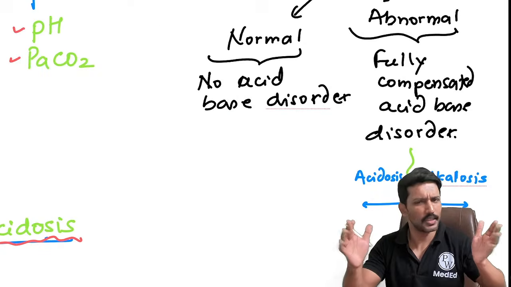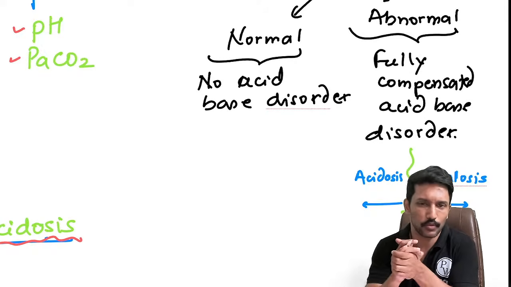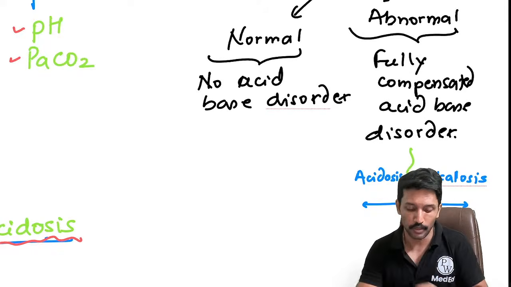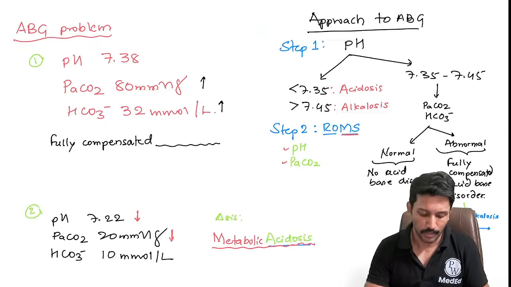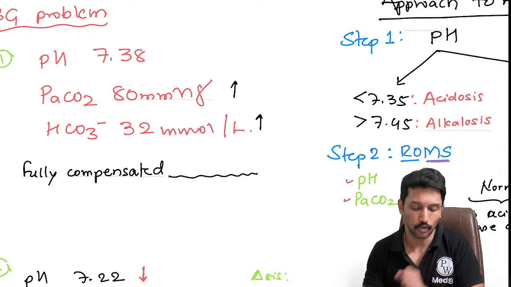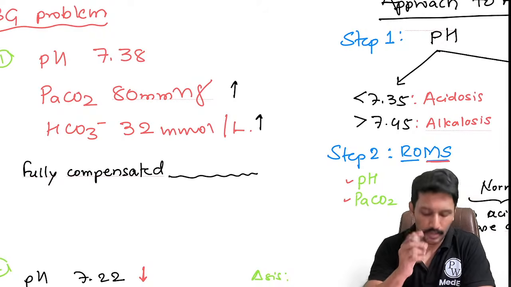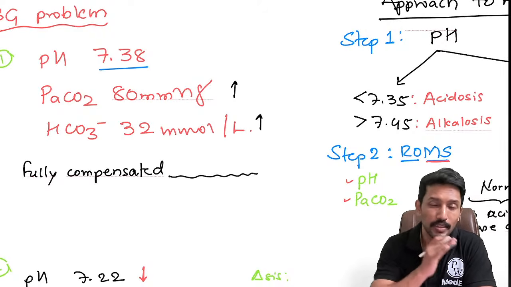If it is outside the normal range, it's a straightforward thing. Less than 7.35 acidosis, more than 7.45 alkalosis. There's no doubt about that. But if it is fully compensated, where pH is normal but bicarbonate and PaCO2 values are abnormal, then you will use 7.4 as a cutoff. So now tell me, what is it here? Clearly pH is less than 7.4.